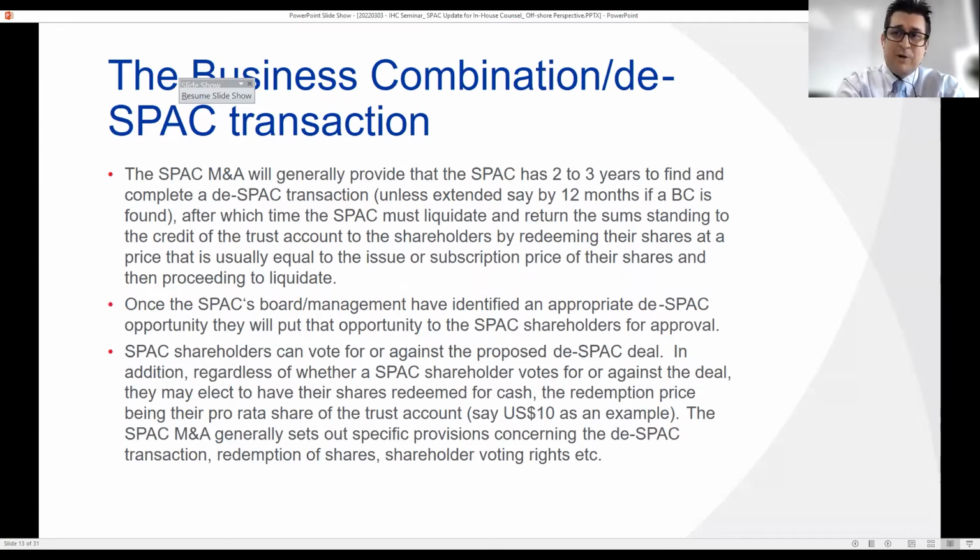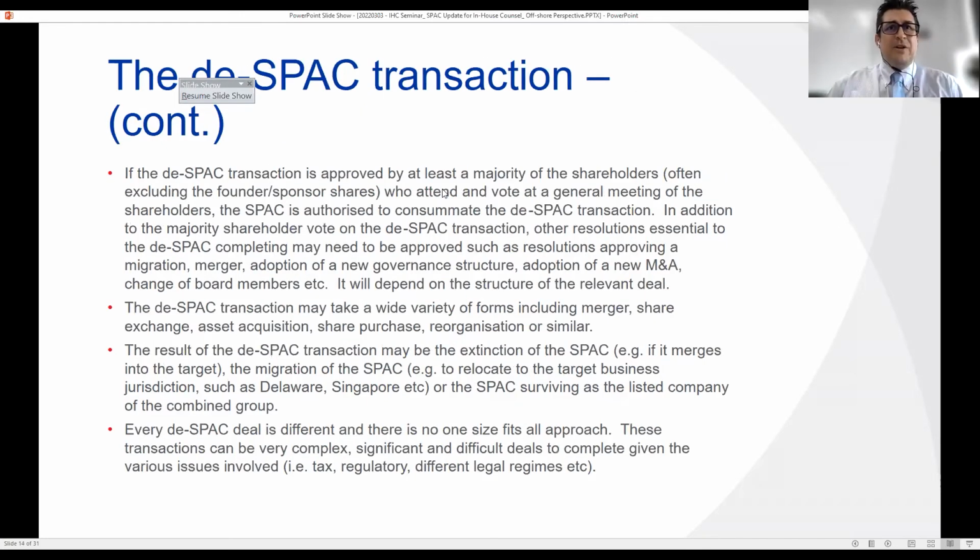So they got the best of both worlds, and that enabled a number of de-SPAC transactions to proceed. So this is the case in terms of the choices that are available to shareholders for SPACs in Singapore and Hong Kong as well.